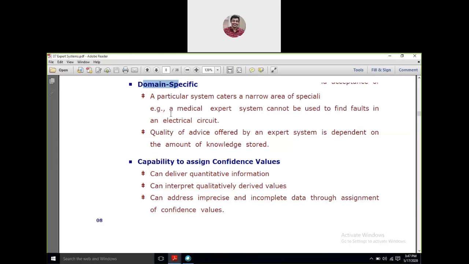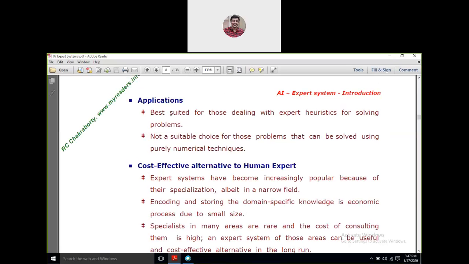Now we do have the applications of expert systems. We're just going through the introduction part of it, right? They are best suited for dealing with expert heuristics or solving a problem where you do need an expert heuristic. That means they can solve a problem, but with how much accuracy is not known on most occasions.